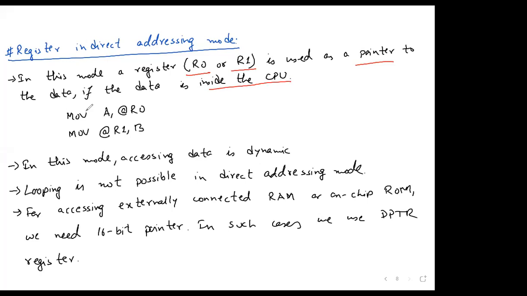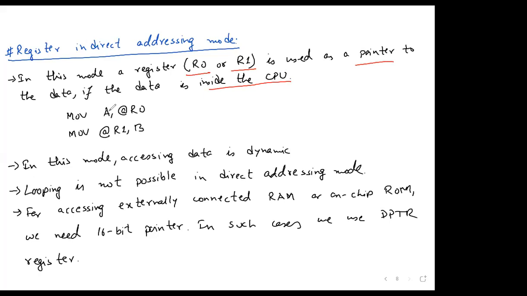It means that whatever value is there in R0, take that as an address, go to that particular address, and whatever content is there in that address, transfer those contents to accumulator A. Again, it means transfer the contents of the RAM location whose address is stored in R0 into the accumulator.